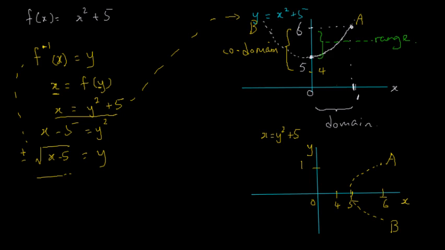So what was the domain, 0 to 1, is now the codomain, and what was the codomain, from 4 to 6, is now the domain. So the part of the curve that I need to look at is this part, not that part, because that part did not fall in the domain. So this part of the curve is here.